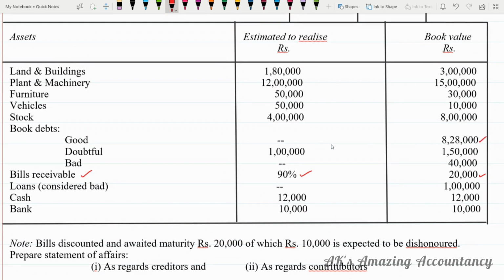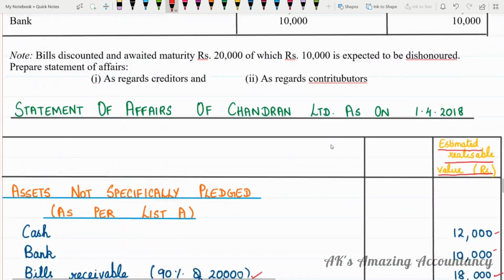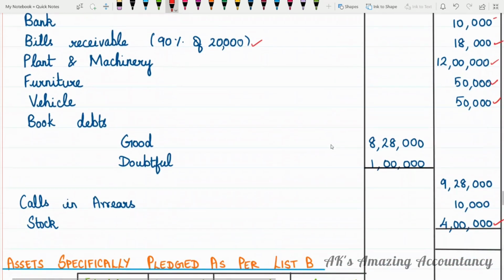As far as doubtful debts are concerned, the estimated realizable value is 1 lakh. So good is 8 lakh 28,000, doubtful is 1 lakh, and bad will not come. The total of book debts here will be 8 lakh 28,000 plus 1 lakh, which is 9 lakh 28,000. Stock we have entered already.